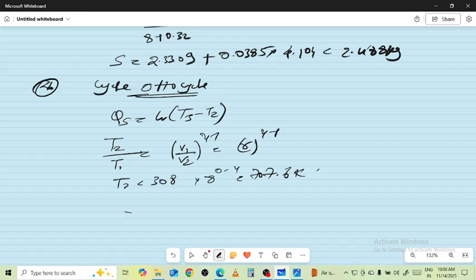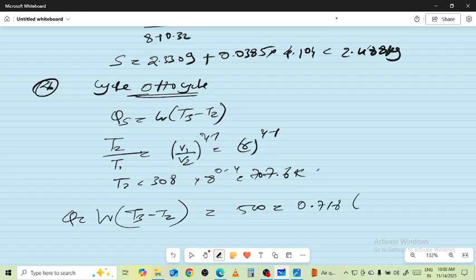Heat supplied Q is T3 minus T2 into Cv. तो Q कितना है? 500 किलो जूल पर किलोग्राम। 0.718 into T3 minus T2, T2 is 707.6.